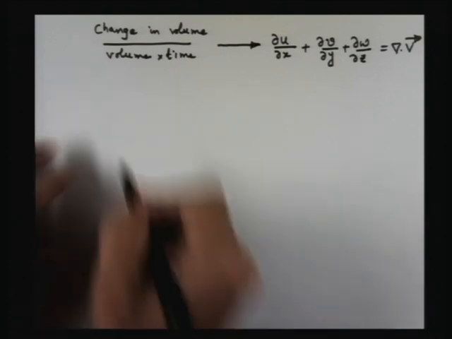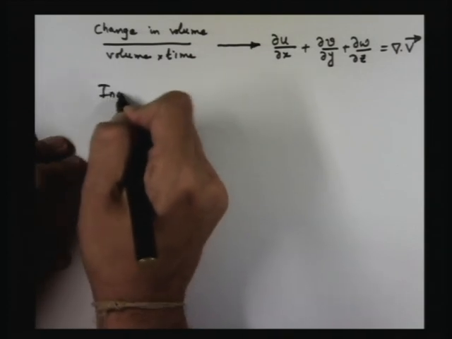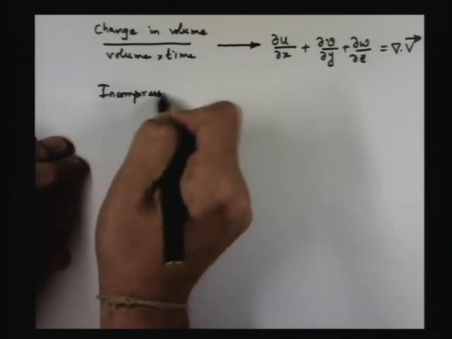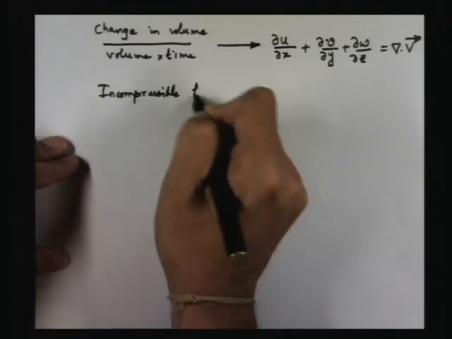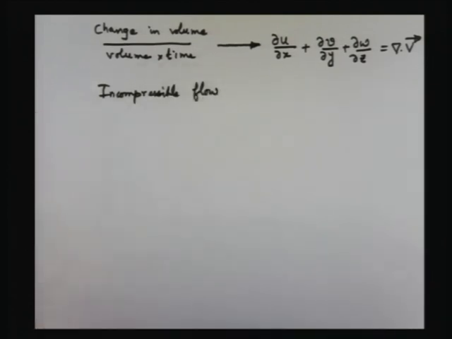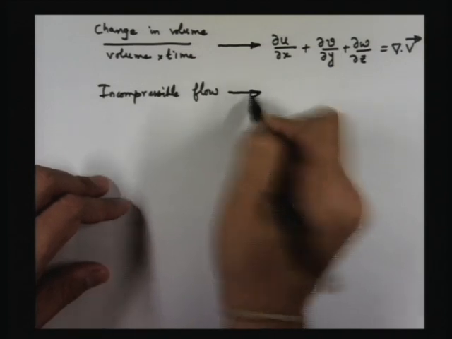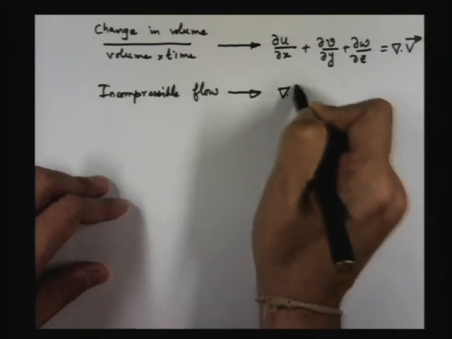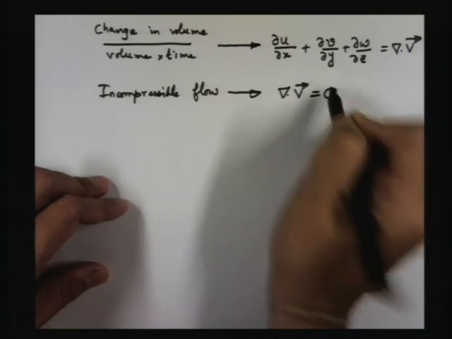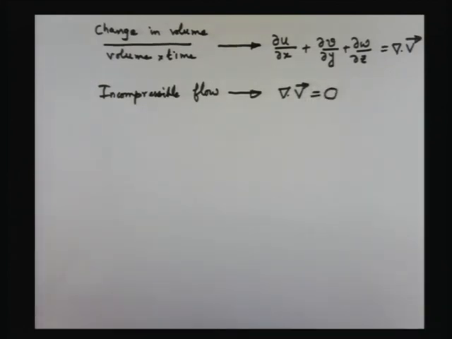So, incompressible flow, or incompressibility of a flow, follows from a basic kinematic constraint that there is no rate of change of volume per unit time. So, incompressible flow by definition should satisfy the divergence of the velocity vector equal to 0.